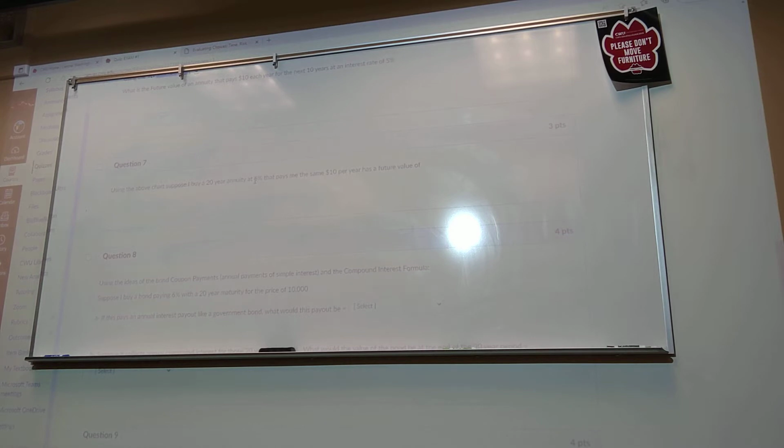So they're giving you $1 for 20 years with a 6% annuity. Again, that one right there, right? And then you would just multiply that by 10, and that will give you the future value of a $10 per year payment. Okay.